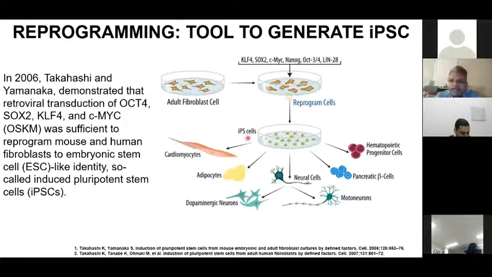Therefore, they are reprogrammed and they become pluripotent stem cells from which we can get cardiomyocytes, the cardiac cells, adipocytes, fatty cells, and neurons, neural cells like axons and motor neurons, also astrocytes, glia cells, which are of brain origin. These are pancreatic beta cells, the islets of Langerhans in the pancreas, as well as hematopoietic progenitor cells.